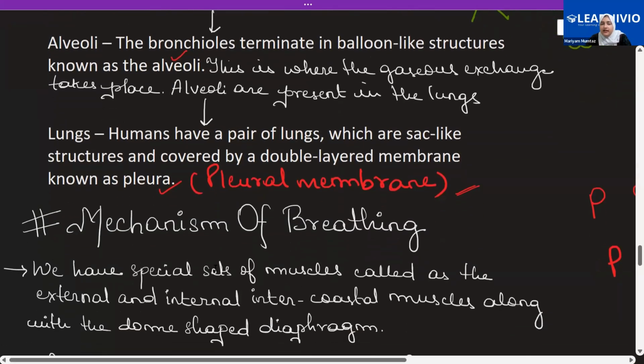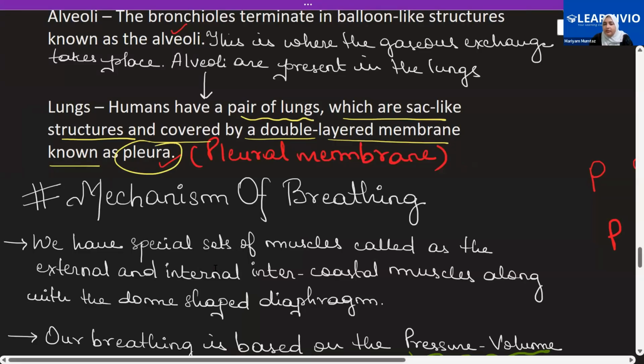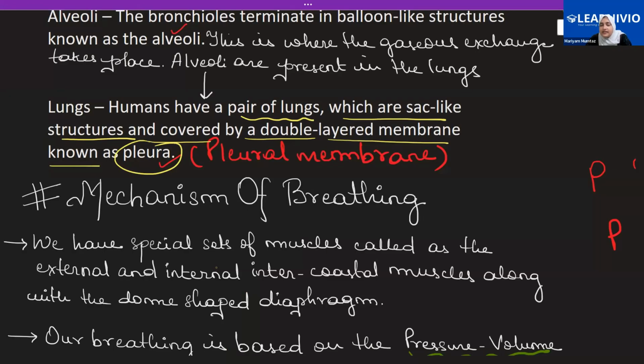And remember that we have one pair of lungs in our body, which are sac-like structures, and they are covered by a double-layered membrane called the pleura, or the pleural membrane. So our lungs are protected by a layer, and that layer is called the pleural membrane. Is it clear?